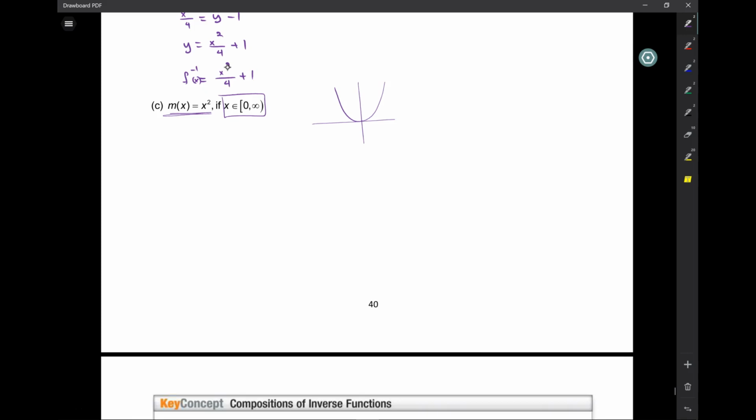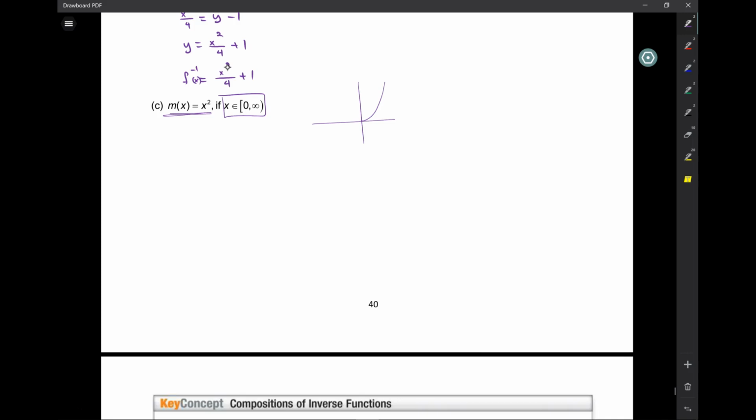That means only take x values from 0 to infinity. So I erase anything that falls in the negative x's. Do you see what that is? This is another way of saying, here is a parabola, only take the right-hand side of it. That's math speak for you.